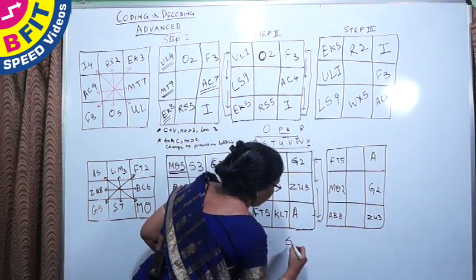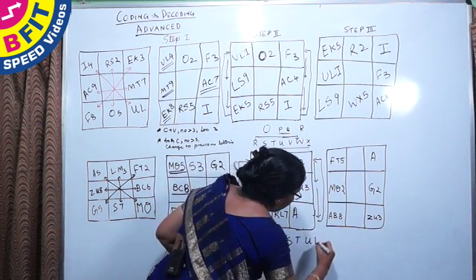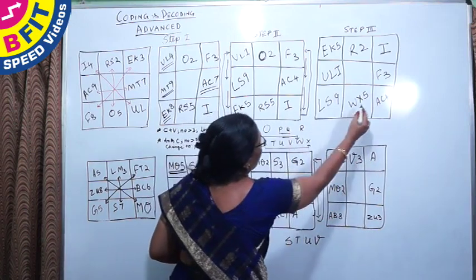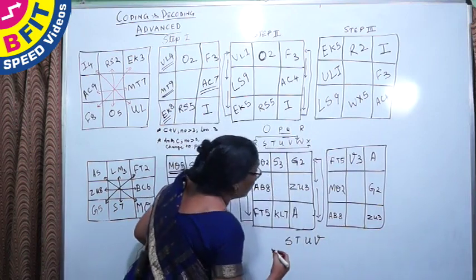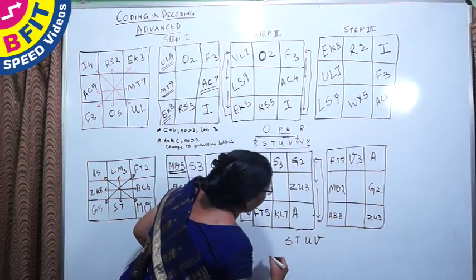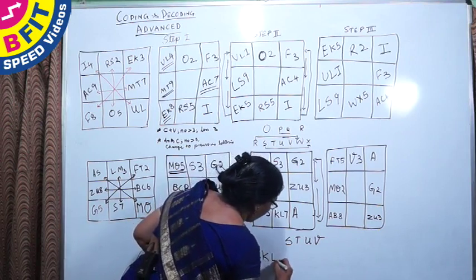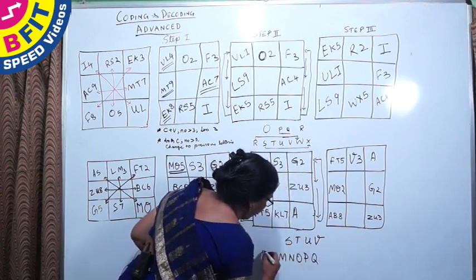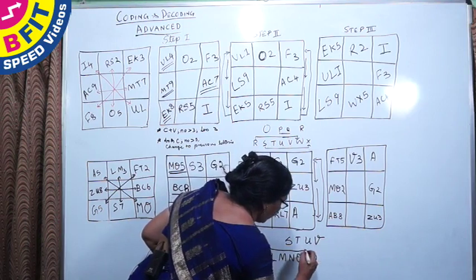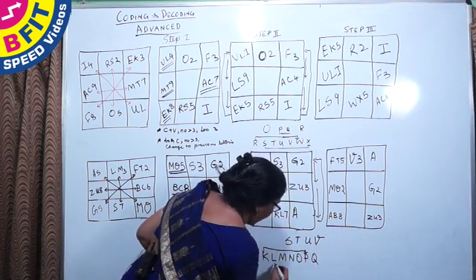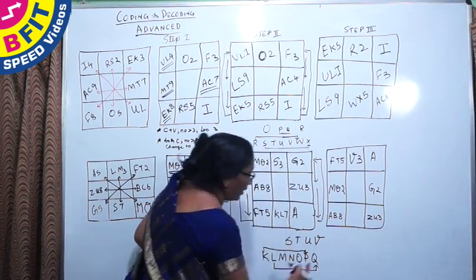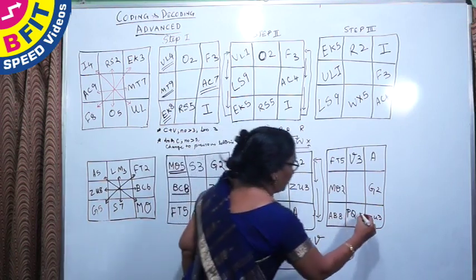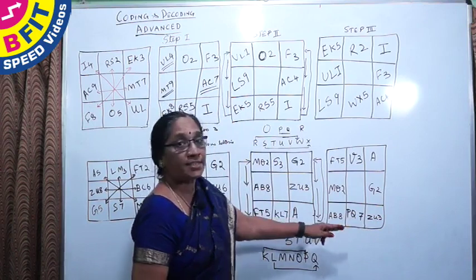Similarly, S becomes V. RS becomes WX, leaving 4 letters in between. So KL will become, after K, 4 letters, it is Q. After L, leaving 4 letters, it will be Q. So it will be PQ. This will be our final step 3.